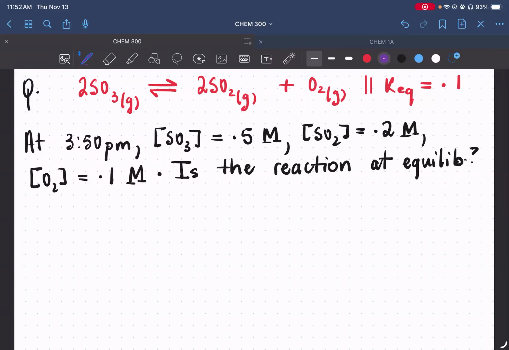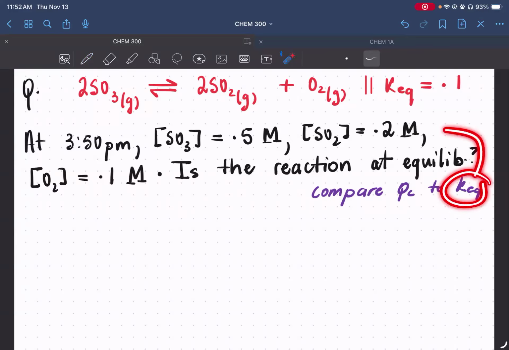Okay, so we know that ultimately to answer that question, what we will be doing is comparing QC to KEQ. We already have the equilibrium constant. We can calculate the QC.